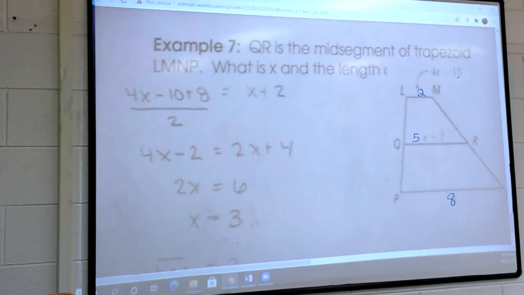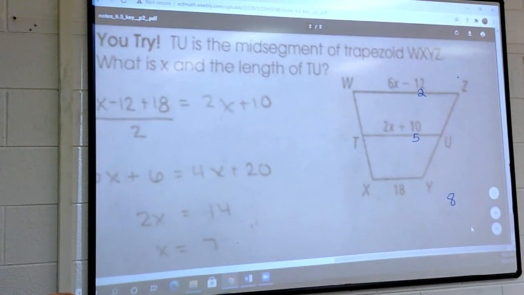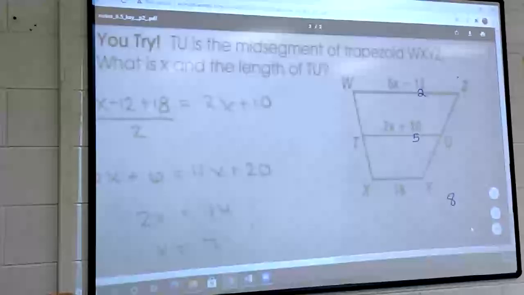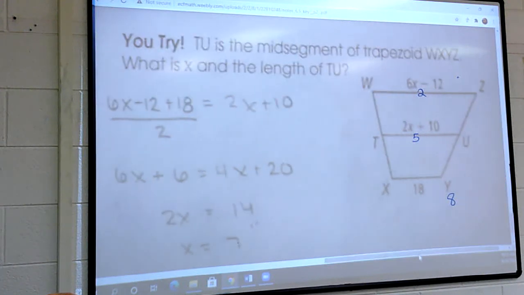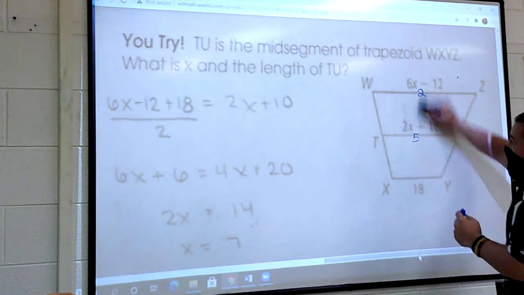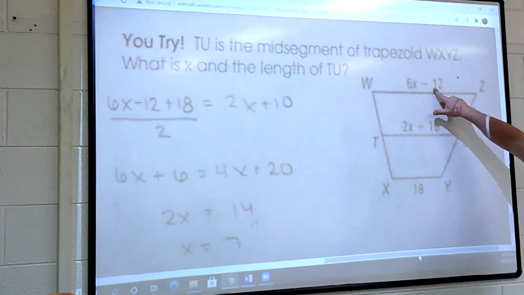Okay? So on the last one, as I'll scroll over, the "you try" is the same thing. Okay? Just so you see it, but I worked it out. But the last one is the same thing. You take the top and you take the bottom and you add them together. So we're going to say 6x minus 12 plus 18.